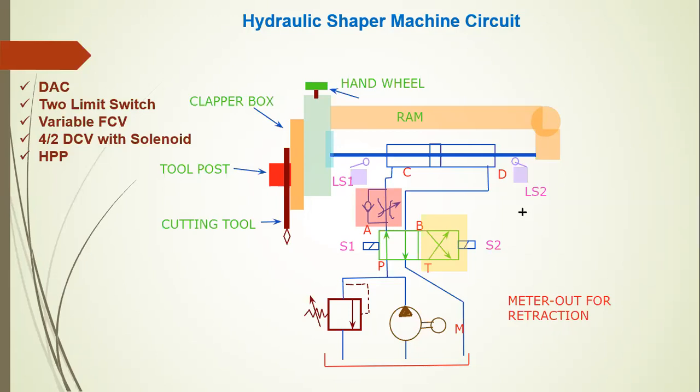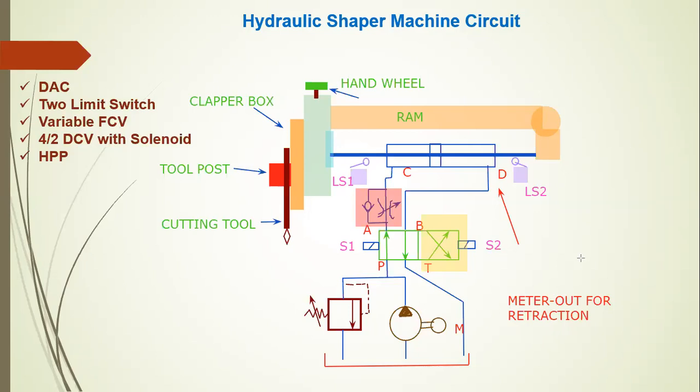Whenever you give the flow from this point D, the FCV controls the flow of the hydraulic line and the speed of the ram. So this circuit is also known as a meter out circuit on the retraction side. In the previous video lectures, we studied the speed control circuits of three types: meter in, meter out, and bleed off circuit.